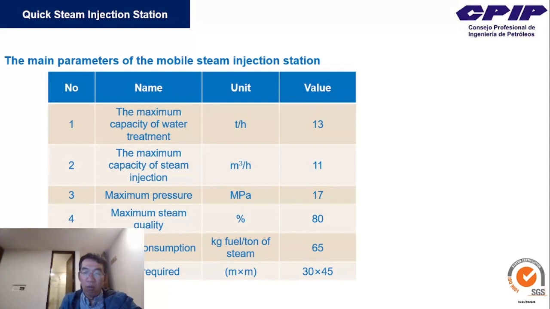The value is 70. The fourth is maximum steam quality. The value is 80%. The fifth is fuel oil consumption. The value is 65. And the last one is area required. The value is 30 multiplied by 45.